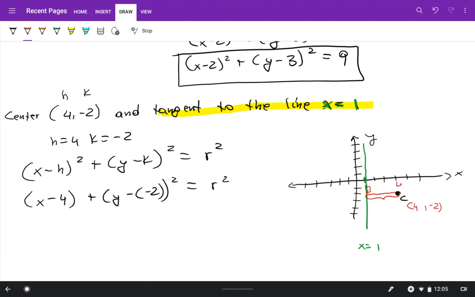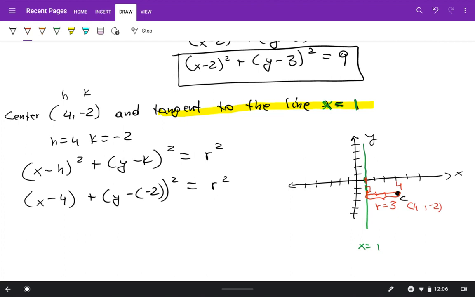So this is 4, right? You're just going to count the distance from 1 to 4, because this is 1. So 1, 2, 3. The radius is equal to 3. There are 3 units here. That's how you're going to know the radius of the circle.